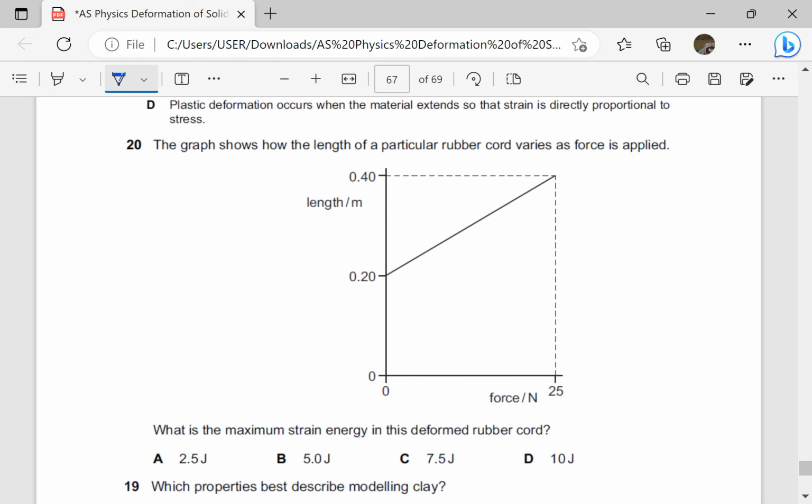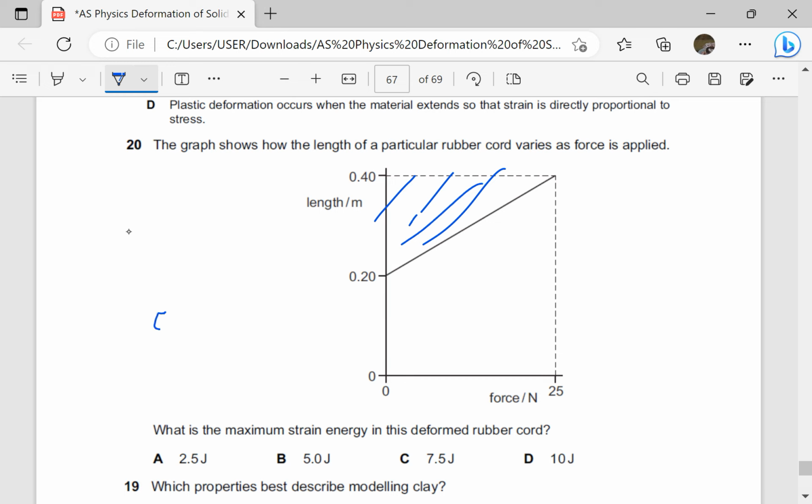The graph shows how the length of a particular rubber cord varies as force is applied. What is the maximum strain energy in this deformed rubber? Energy is going to be the area under the graph, with the extension on the length axis.